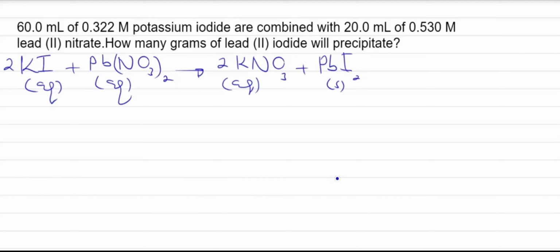And we need to find out the number of moles of potassium iodide.